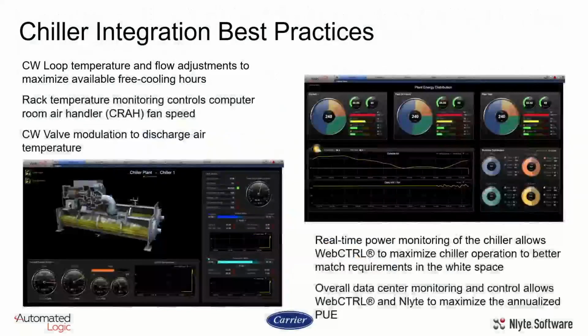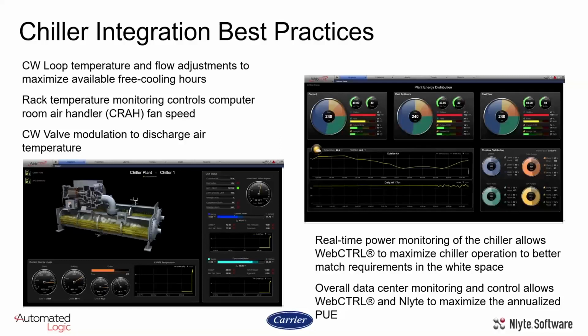So what is the best way to integrate the chiller with the monitoring and the control platforms? We can use web control for adjustments to chill water loop temperature and flow, maximizing the pre-cooling hours. We can use rack temperature monitoring by Nlight to adjust the computer room air handler's fan speed.